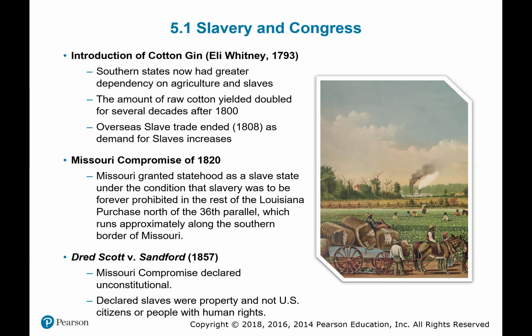One thing that had happened, as we had discussed previously, was the founding of the nation with the Constitution. They put an end to the overseas slave trade, meaning no longer could anyone bring any slaves to the United States in 1808. It was the 20 years, and that came up in 1808. However, the demand for slaves was increasing.